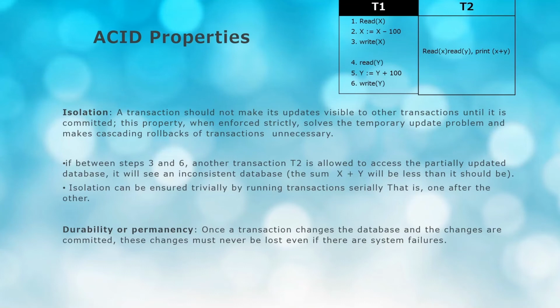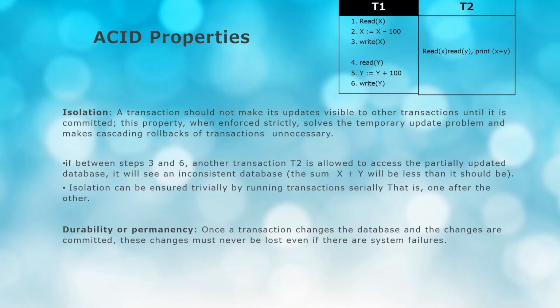This property, when enforced strictly, solves the temporary update problem and makes cascading rollbacks of transactions unnecessary. If between step 3 and 6 transaction T2 is allowed to access the partially updated value of X, then it will give an inconsistent database, that is, the sum of X plus Y will be less than it should be.